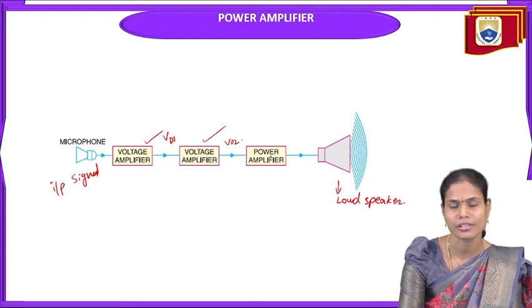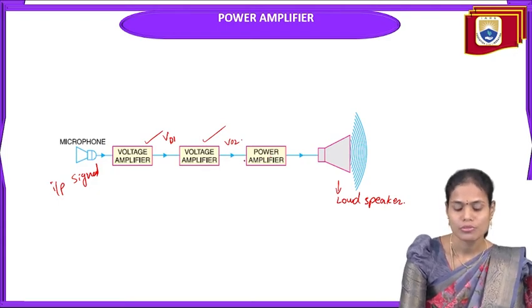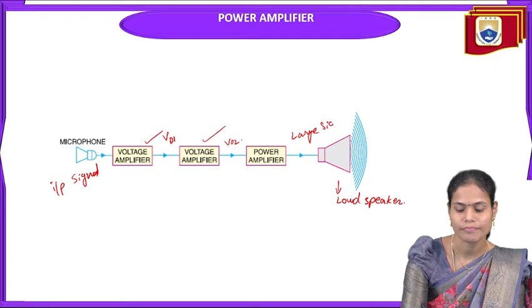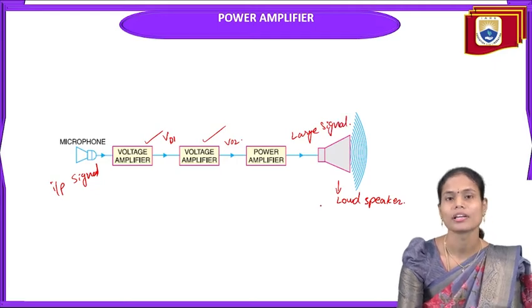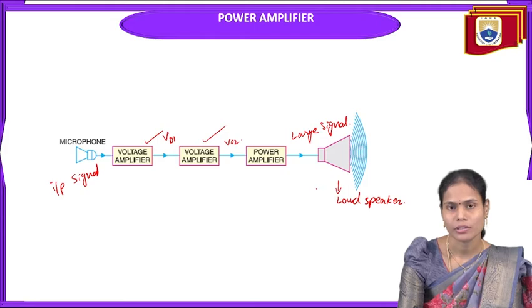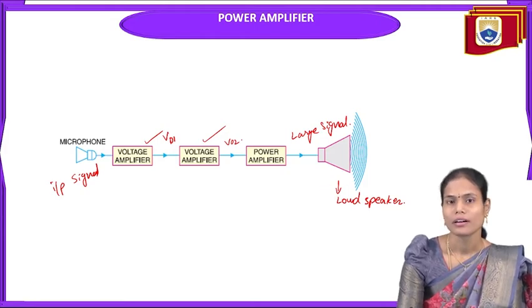Then only we can call it a power amplifier. We are providing such a signal here so that it will provide the large signal as the input for the loudspeaker. Then only the loudspeaker can accept that signal and provide the proper high sound as the output.